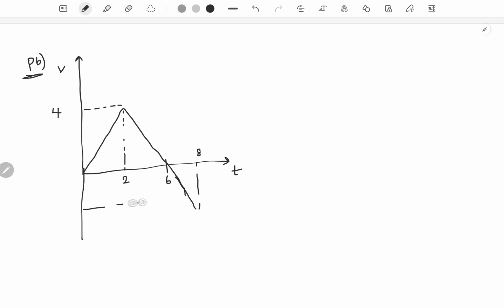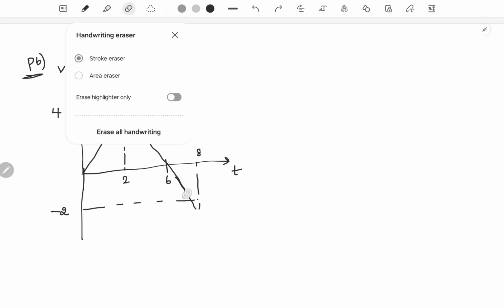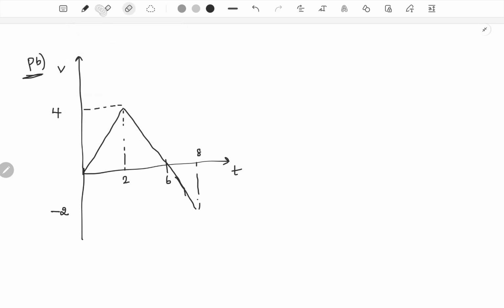This is a negative velocity. The graph didn't come out to be good. Just one minute. So this is the velocity at t equal to 8 seconds.